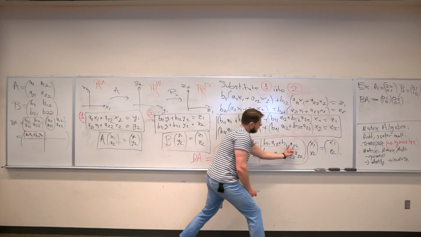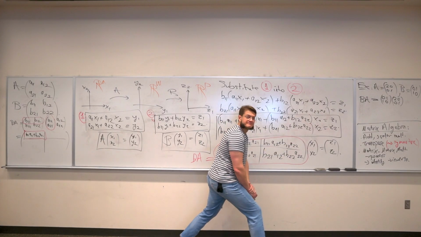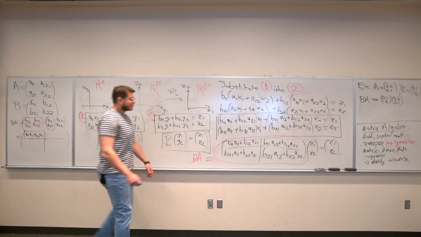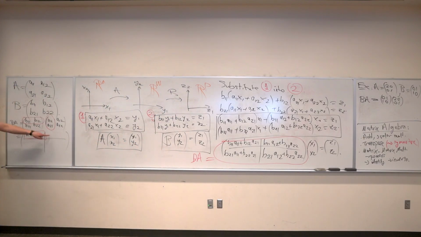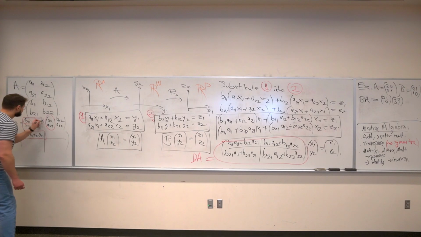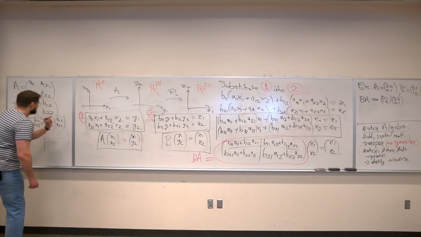The middle indices always match. So that corresponds to this idea. To compute the 1, 2 entry of the product, take again the first row of the left matrix and zipper it against the second column of the right matrix.